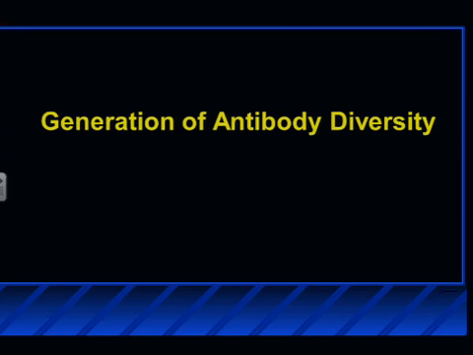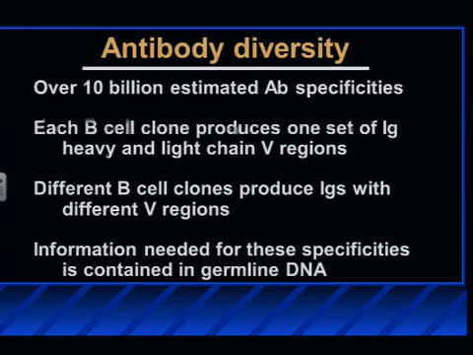Now, this comes to a very complicated issue, because you have a lot of different antigens that you are likely to encounter in life. They're all different. So how can you have so many different antibodies, so many different T-cell receptors, that are supposed to recognize the unknown? And this is a very important point.